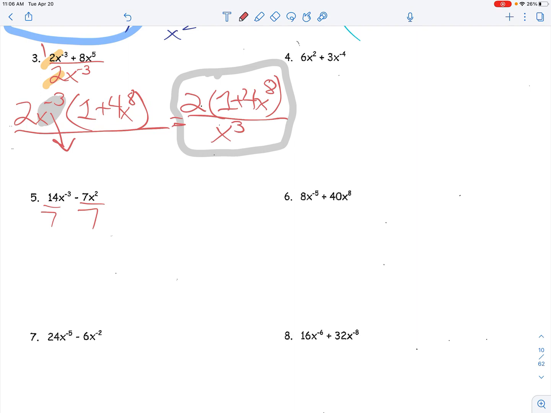And then you have x to the power of negative 3 and x to the power of 2. So you take the smaller of the 2 out. X to the power of negative 3 comes out. The smaller of the 2. Negative 3 is smaller than 2. So that comes out.